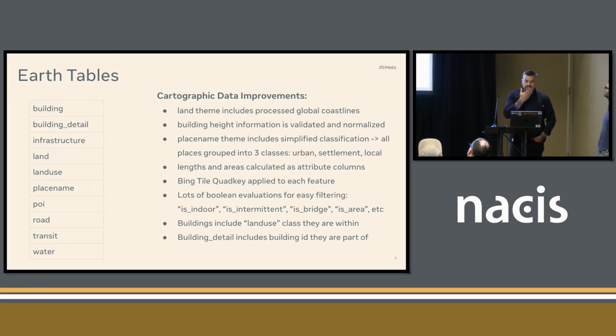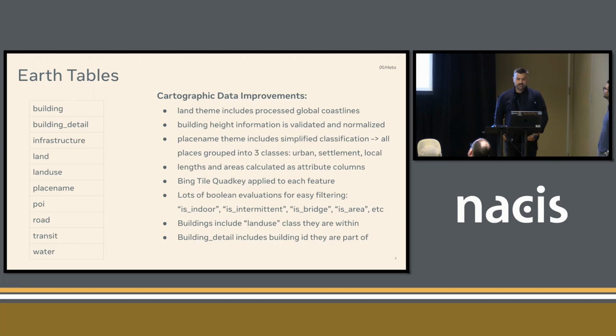What that looks like is thematic layers that map makers would be familiar with for OSM, and then a lot of cartographic data improvements. Some cool things we do there: we intersect the OSM land use with buildings so that you can style the buildings and the land use the same way if you want.